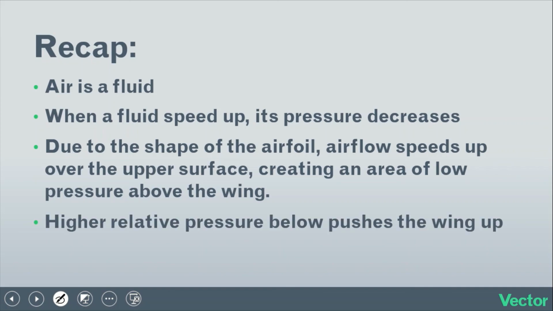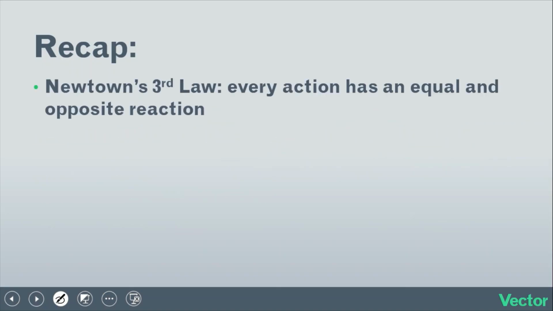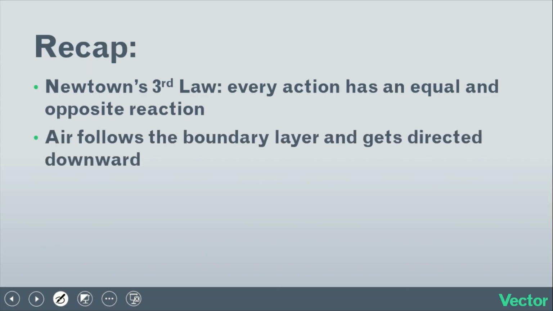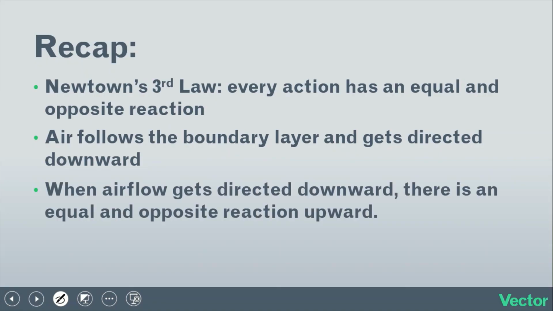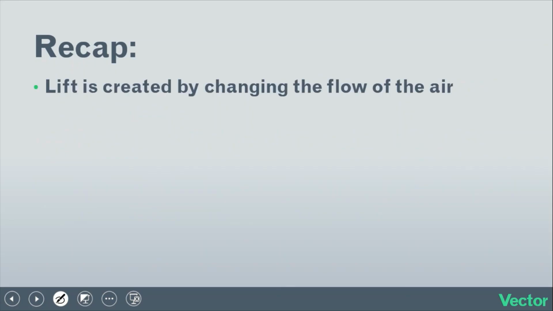Because we have higher relative pressure below the wing, that higher relative pressure pushes the wing up. Newton's third law says that every action has an equal and opposite reaction. So, because the air follows the boundary layer downward and gets directed downward, there is an equal and opposite reaction upward. Both of those things contribute to lift.